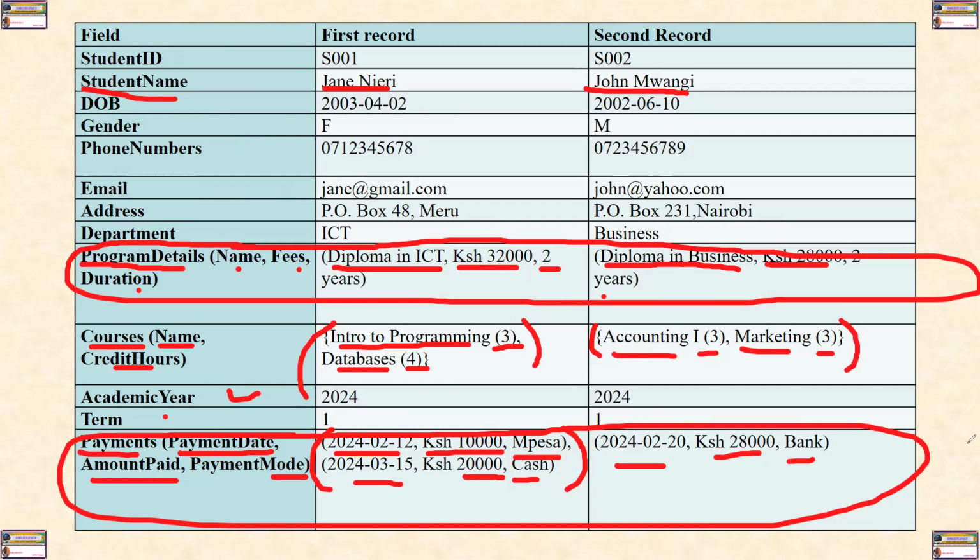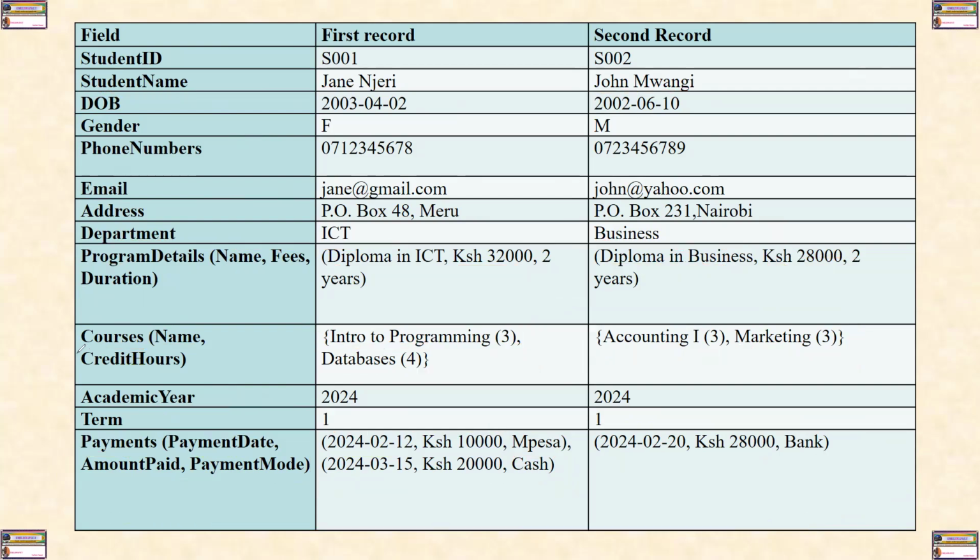And that is why we have now to commence the normalization process, to break down this information, separate it, put it in different tables, have it in different fields for ease of management of this data.